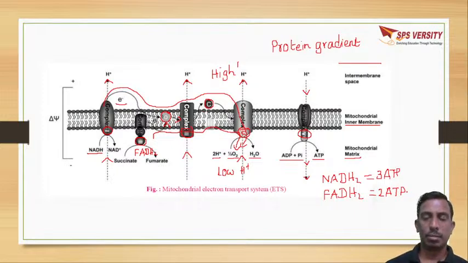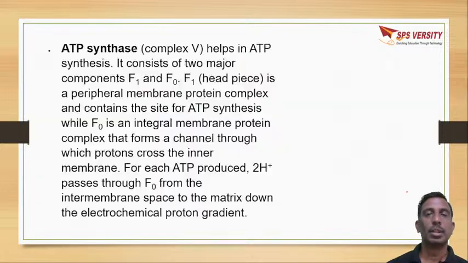So by the end of this electron transport chain, NADH2 and FADH2 are converted to ATP. So here we'll discuss ATP synthase, which is called complex 5. Its major function is ATP synthesis. इसमें दो components रहते, F1, F0. F1 is the head piece, which is a peripheral protein complex, where ATP synthesis होता.